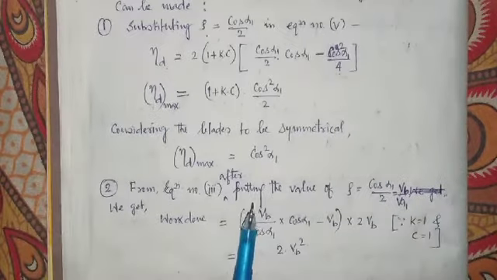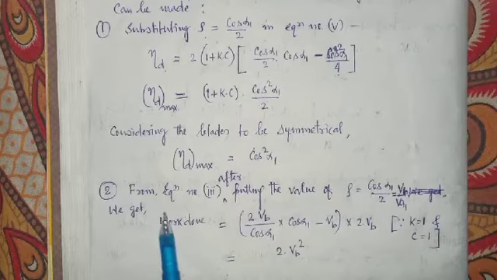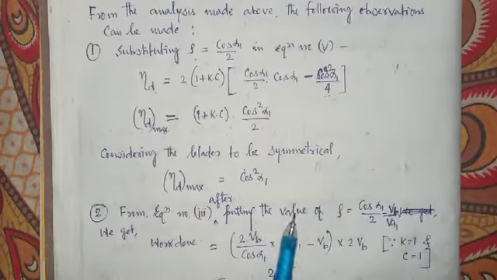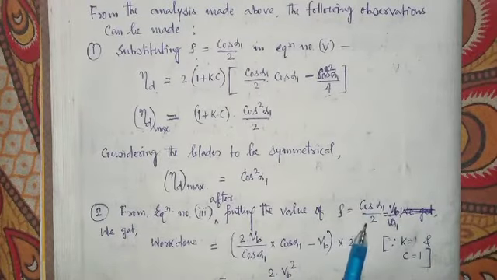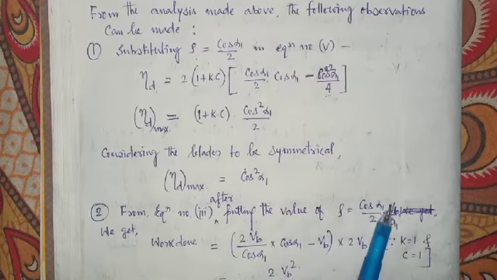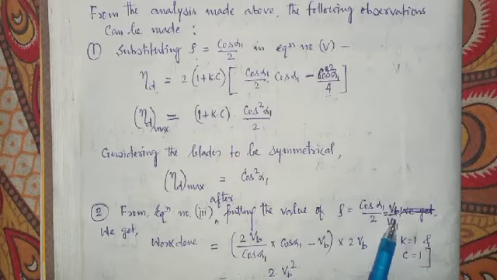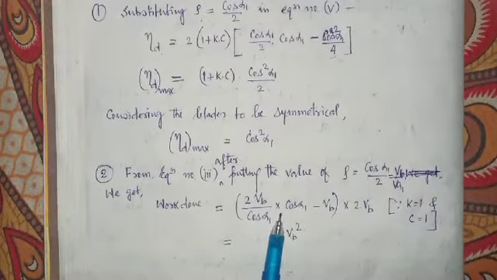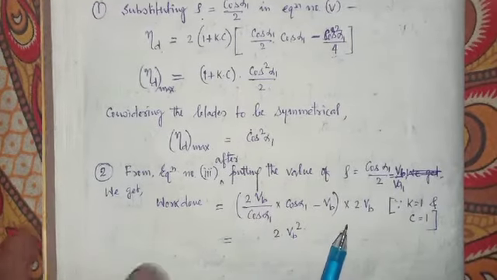Now for case 2, if we put the value of rho equals cos alpha 1 by 2, and in the previous page we have seen that rho is also equal to VB by VA1. From these expressions we will put the value of VA1 in equation number 3. What was equation number 3?